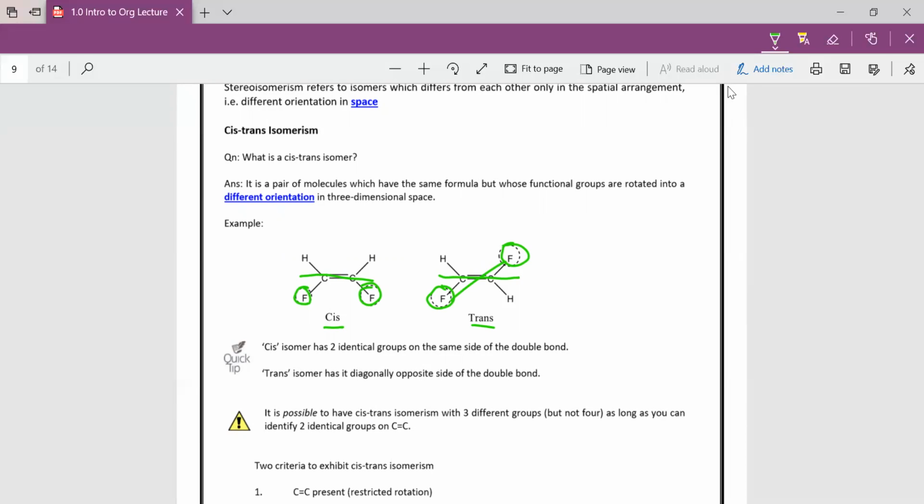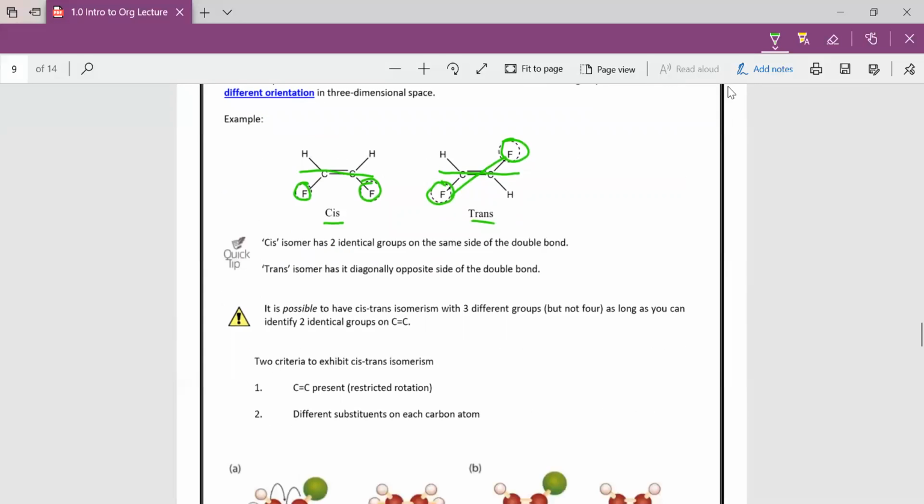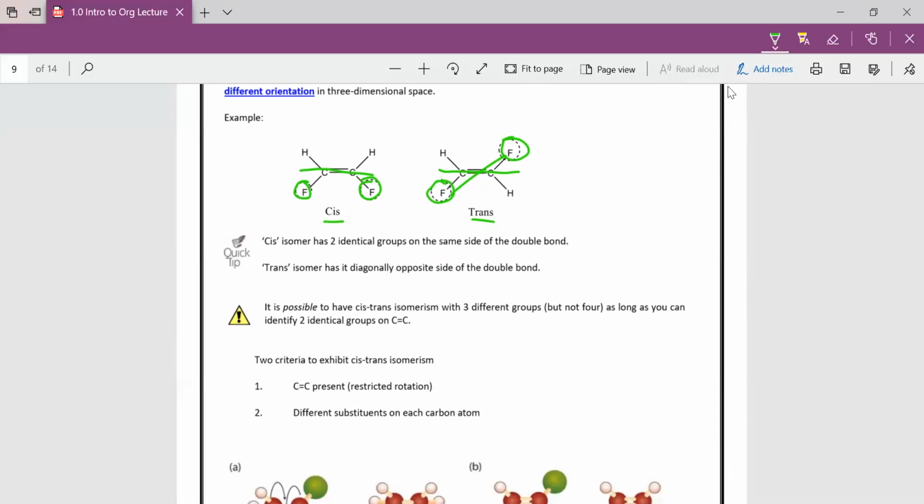We need to fulfill certain criteria to exhibit this kind of isomerism. Number one, to have a CC double bond, because then we can restrict the rotation. And the second criterion is we must have different substituents on each carbon atom.